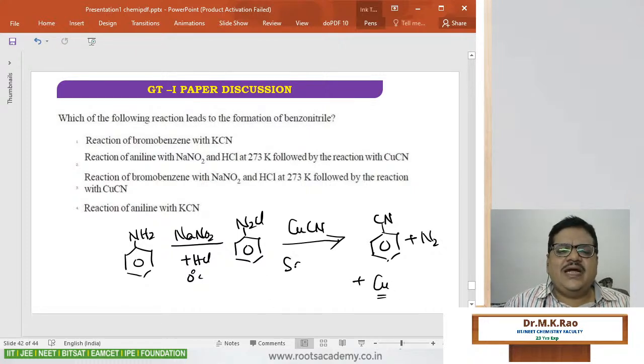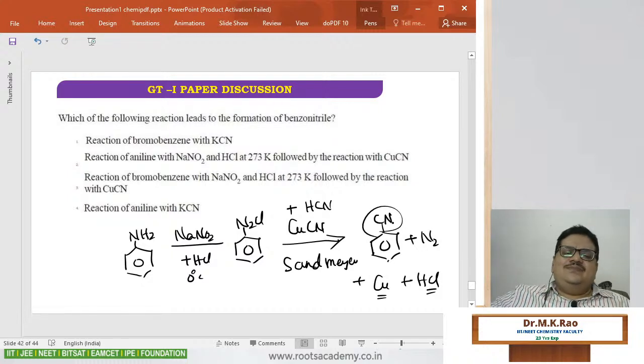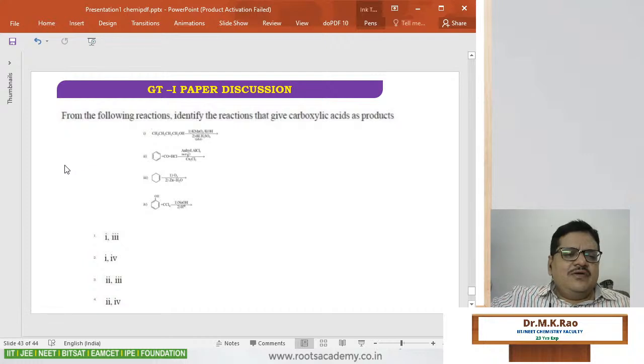This is called the Sandmeyer reaction. Actually, in the presence of cuprous cyanide plus HCl, HCN is there. This HCl will come out. Cyanobenzene is formed. Sandmeyer.